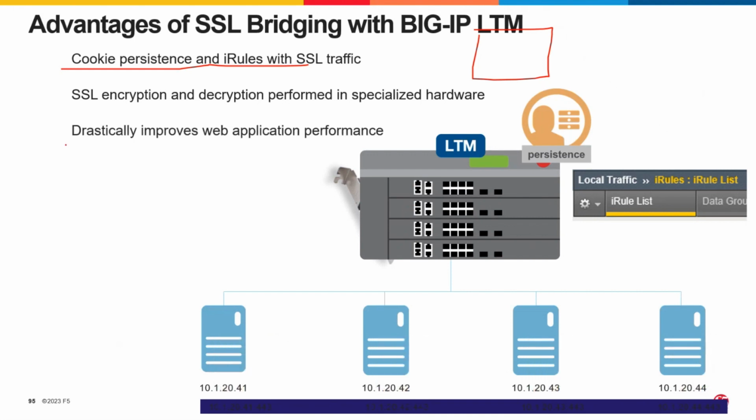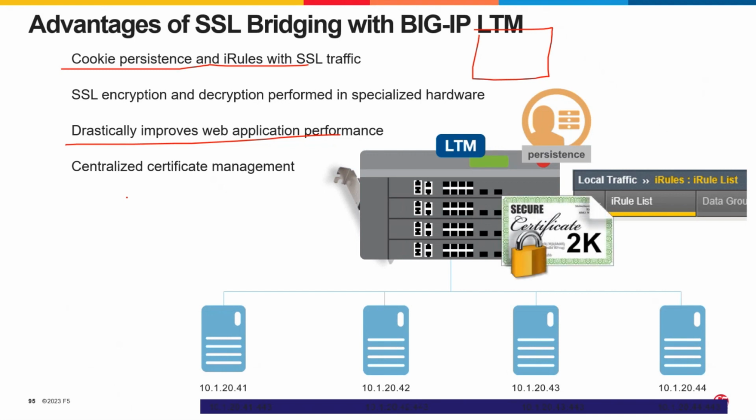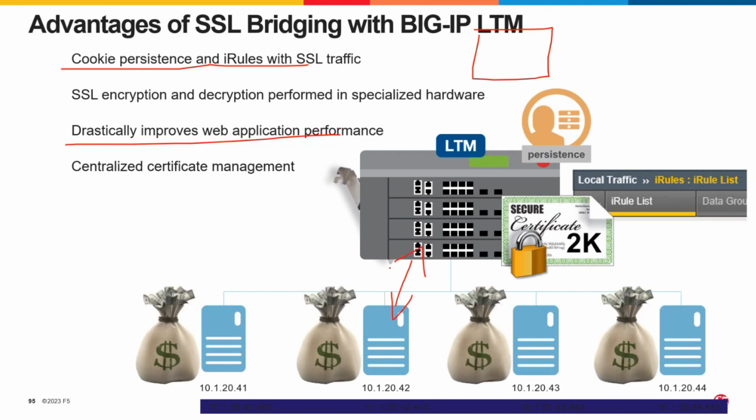So this drastically, as they say here, drastically improves the performance of our backend servers. It really depends. Sometimes you're forced to re-encrypt the traffic on the backend side, but it really depends on the configuration or the architecture that you want to achieve.